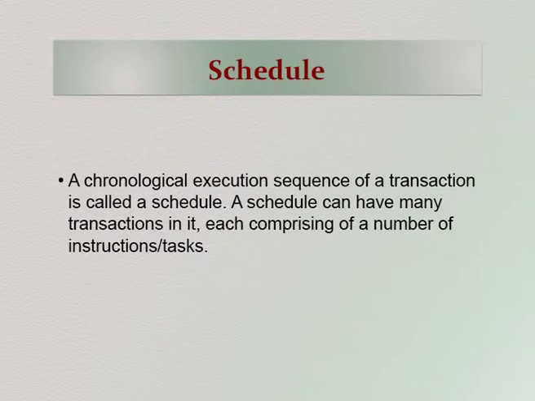Then let us see how these transactions happen. A schedule will be maintained. Suppose it is a single user system, then a chronological execution sequence of transactions will happen, and that kind of sequential execution style is called scheduling. A schedule can have many transactions in it, each comprising a number of instructions or tasks.